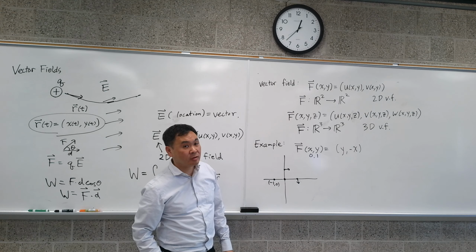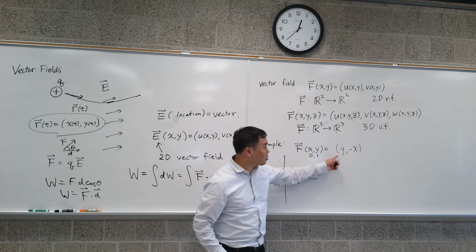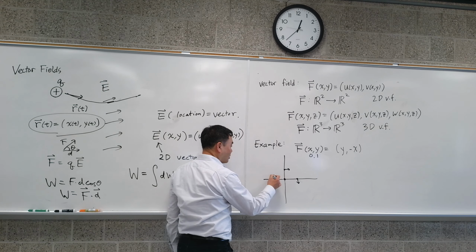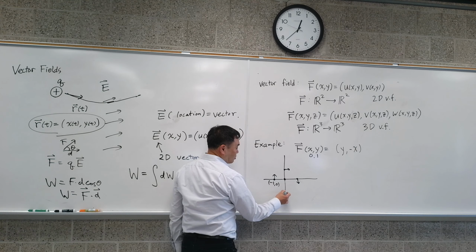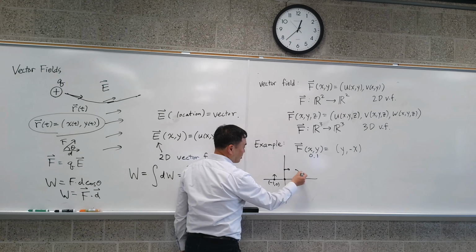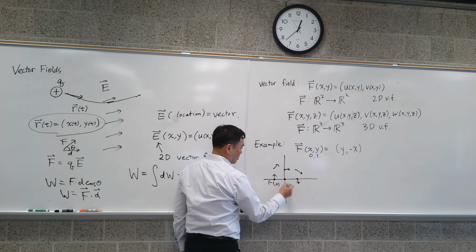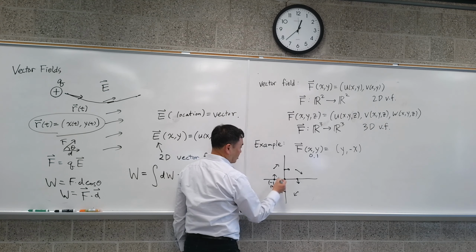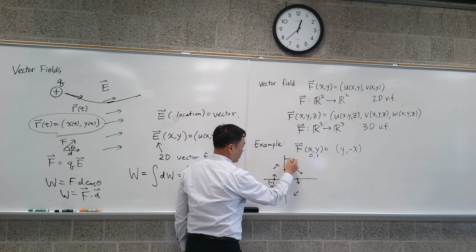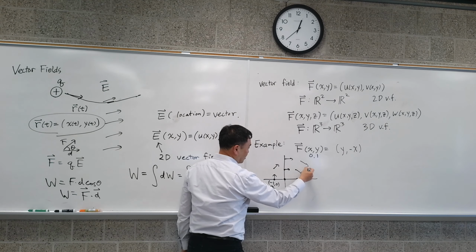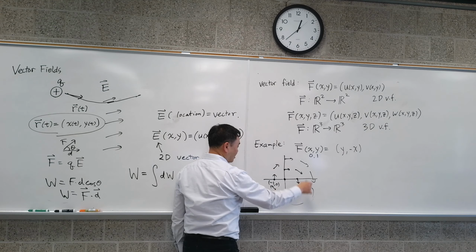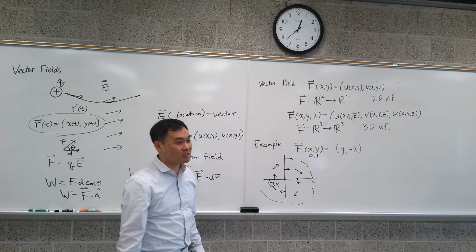Yeah, it's going up, right? 0, comma positive 1 is what you get. So you end up with a vector that's going up. And you can continue doing this for other points.